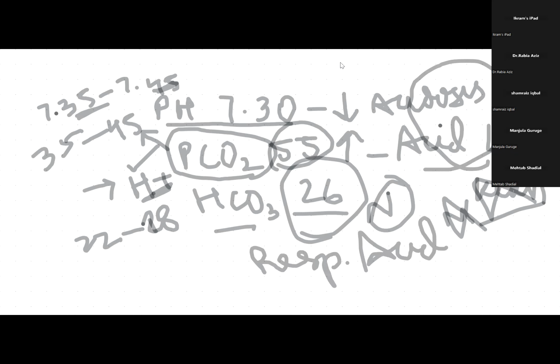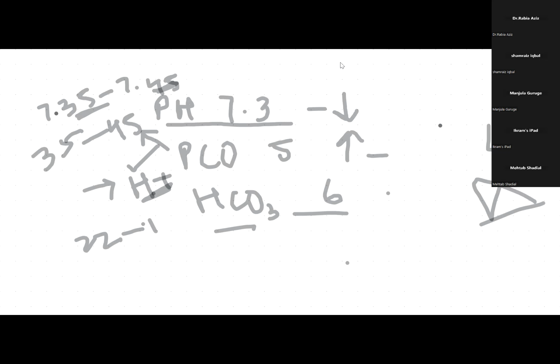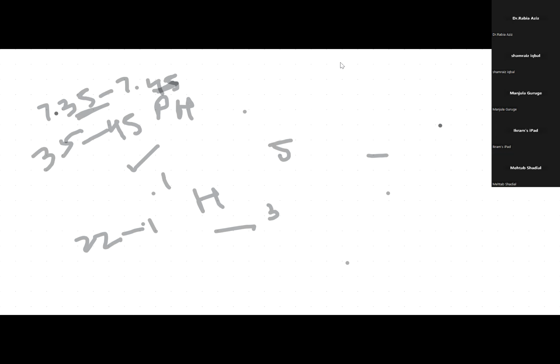Hope you all understand this one. This is easy. Now moving towards the next example. The next example: pH is 7.50.